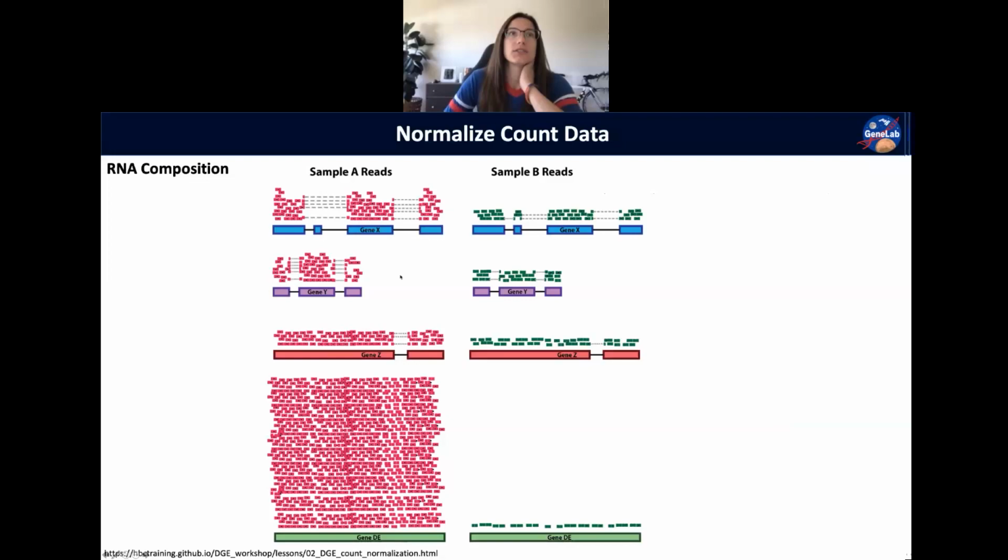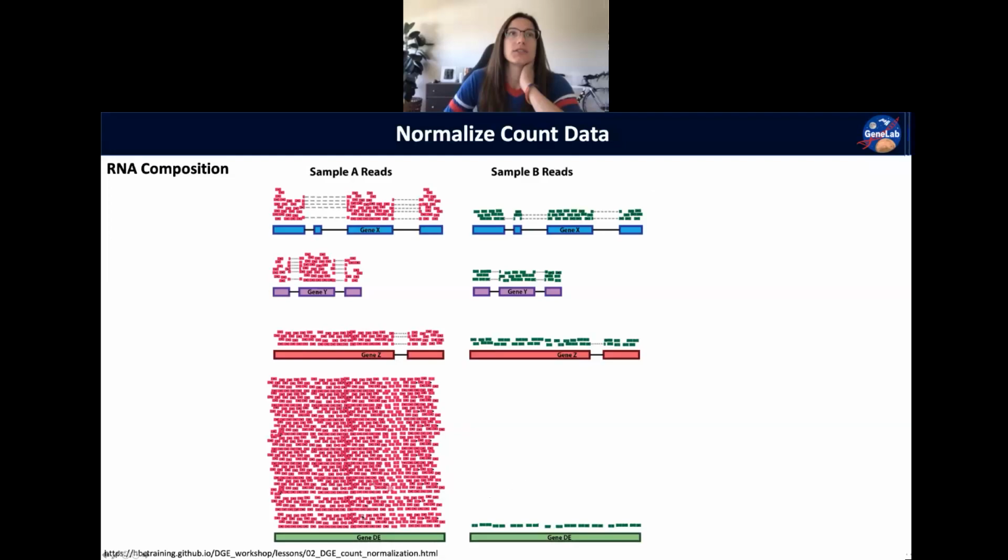If we're not accounting for that, then we're going to be normalizing based on the total number of reads here, and based on the total number of reads in sample B, but sample B's total number of reads is less than sample A, just because sample A has this contaminant that sample B doesn't have.